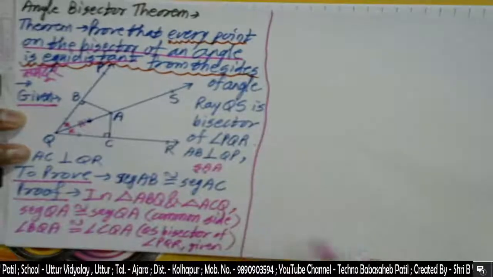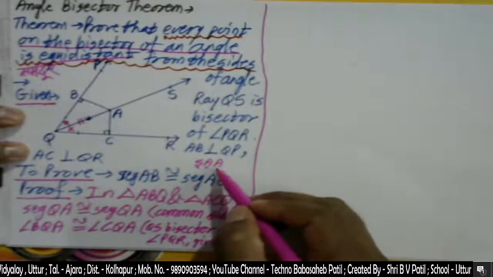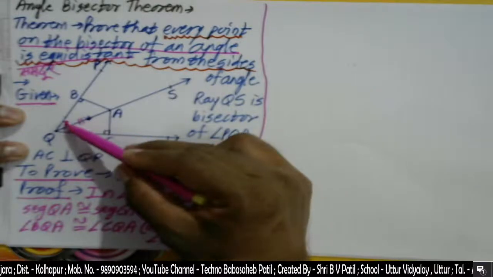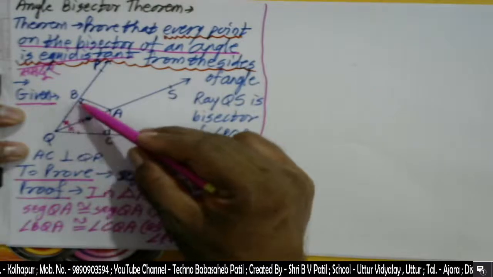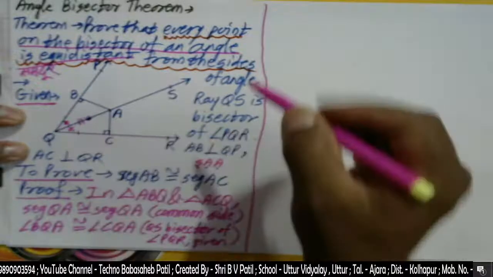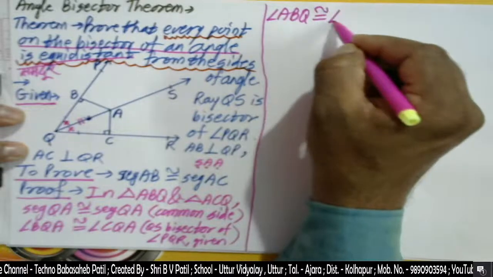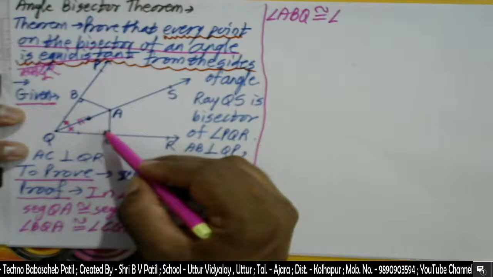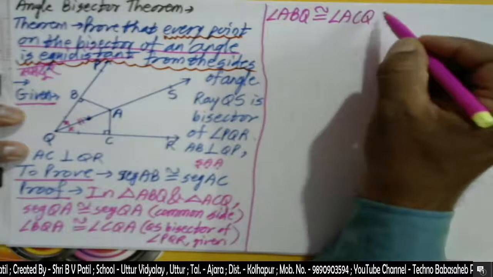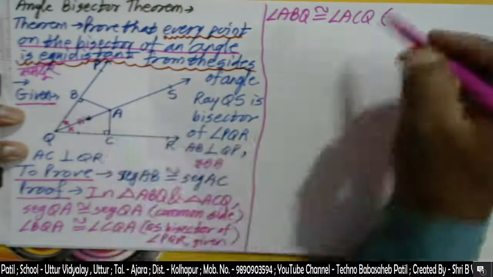Then third condition is angle. ही बाजू घेतली, त्याच्या जवळचा अँगल घेतला, आता त्याचा पुढचा अँगल, that is angle ABQ, congruent angle, that angle is ACQ, and reason is each angle is 90 degree.